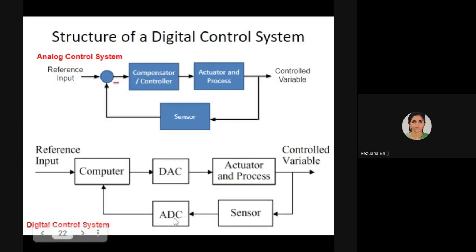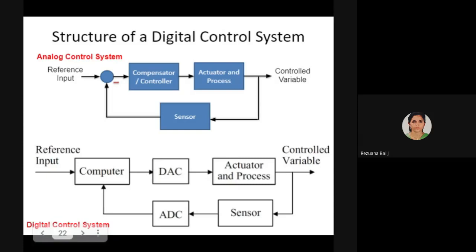For that we use an analog to digital converter in the feedback path. Again, the computer sends commands in machine code, binary, but that machine code is not understood by our plant or process. So it has to be converted back to analog to get the process controlled. That is what is done here.